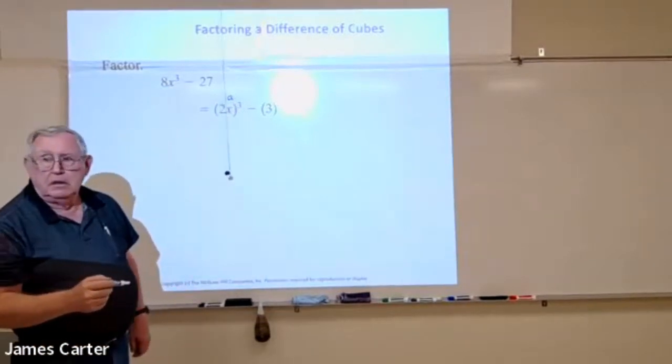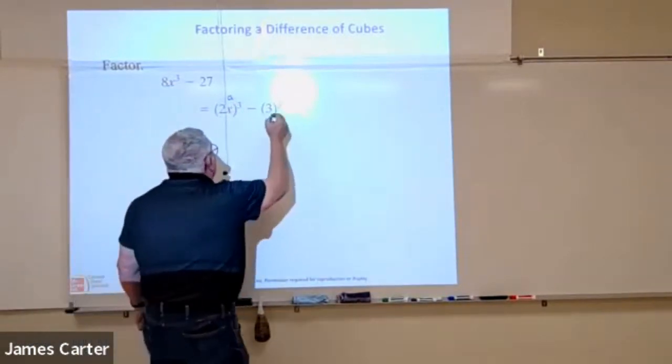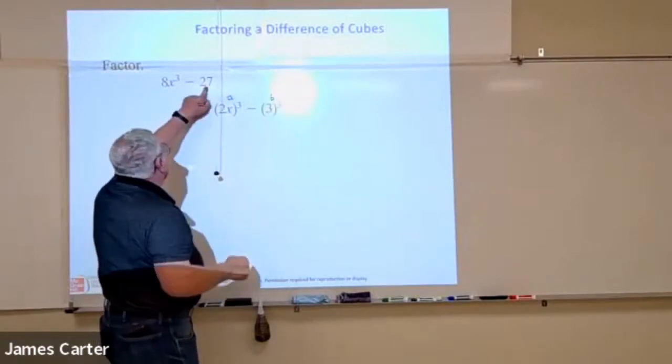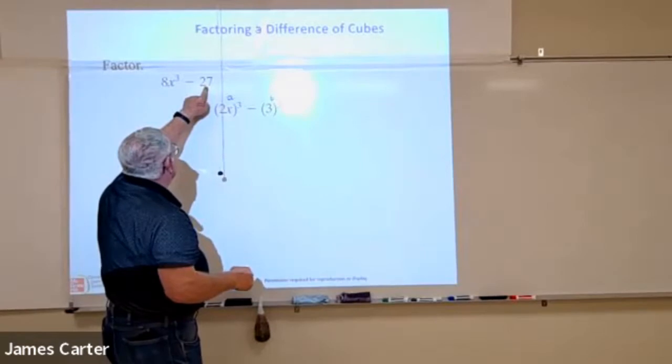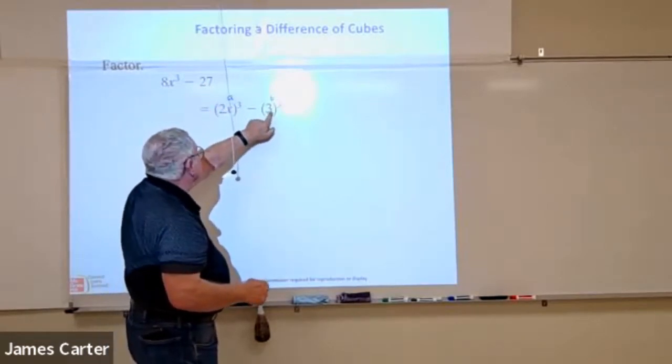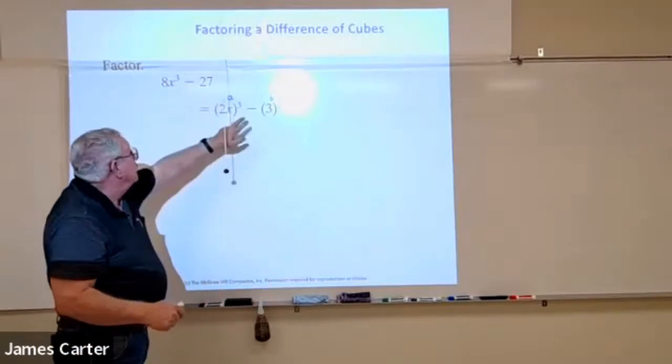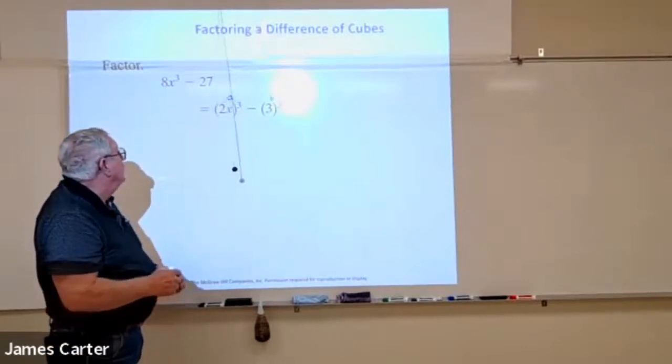First squared minus. Okay, okay. Well, it doesn't really matter. This becomes your b. The cube root of 27 is 3, so 3 cubed is 27. So here's your perfect cube.